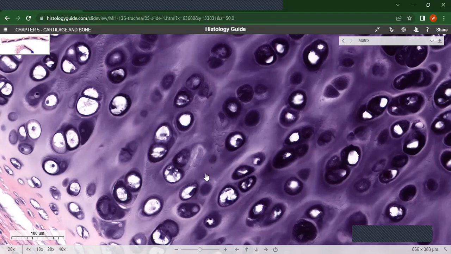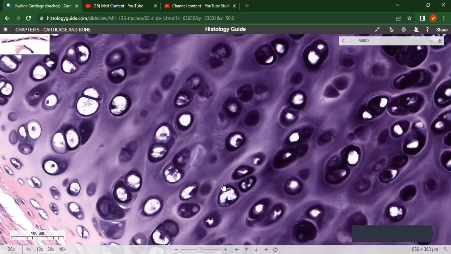Then we have interterritorial, which is between territories. Maybe this is a territory here and another territory here. So between them, we have the interterritorial. So the territories are pericellular, territorial, and interterritorial. So then let's discuss the collagen fibers. In hyaline cartilage, the main collagen is type 2.